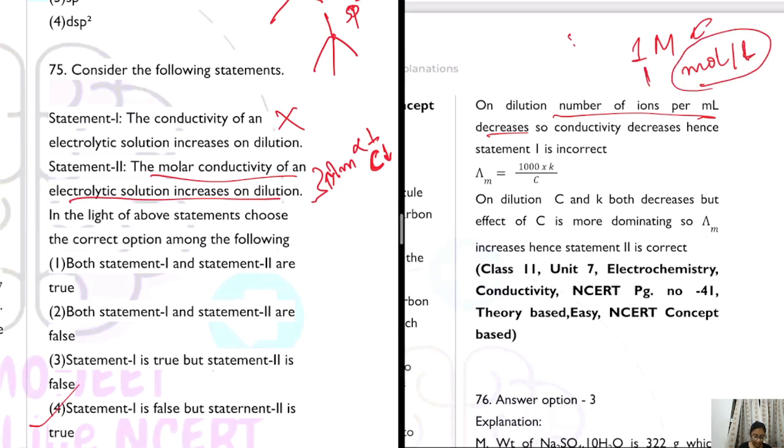If this was 1 and now after dilution, say it is 0.5, so lesser number of ions are there, then lesser would be the conductivity. That is why statement 1 is false. And I told you it's inversely proportional, so lambda m is inversely proportional and hence it will increase upon dilution. Dilution means decrease of concentration.